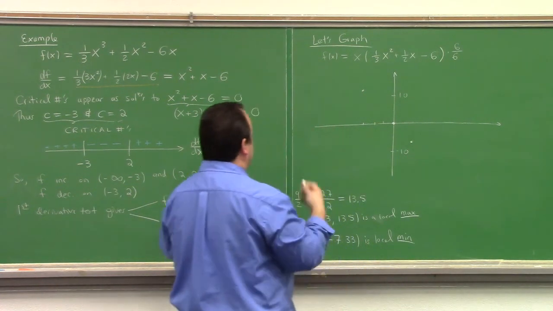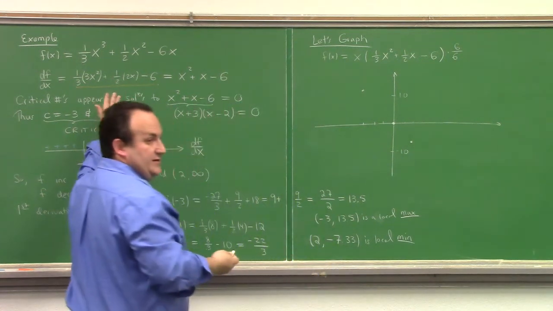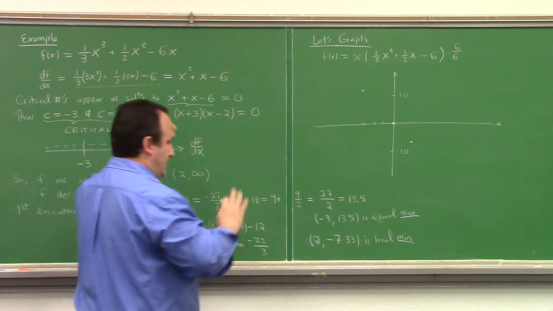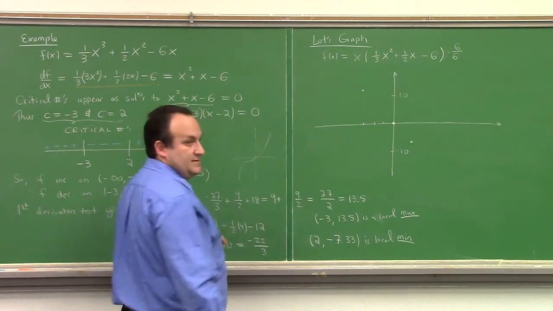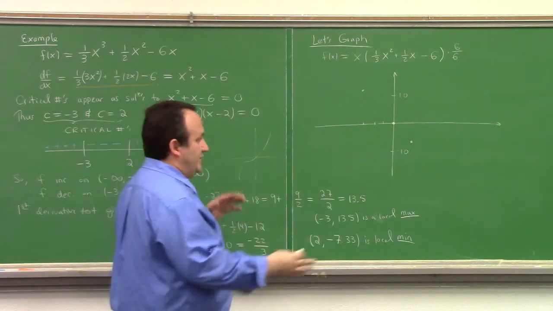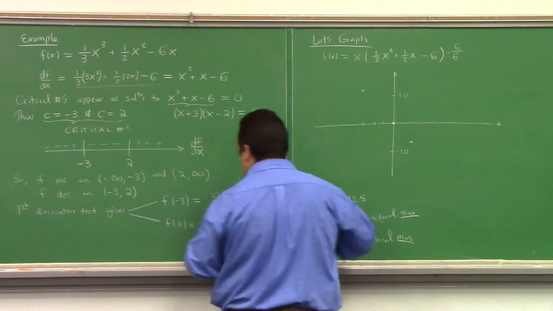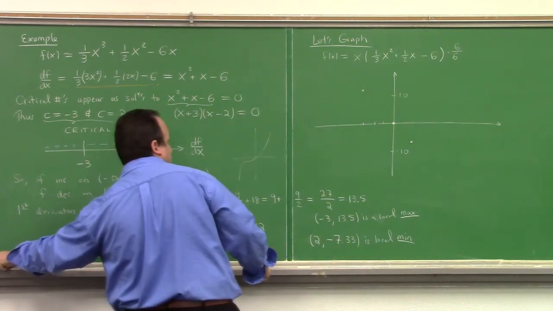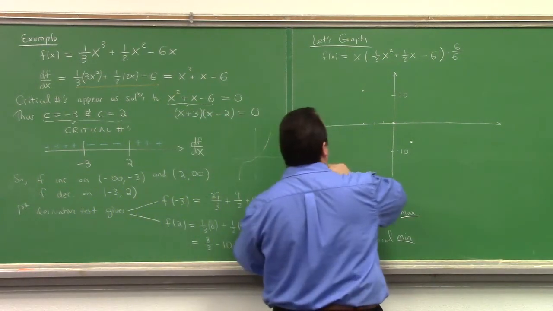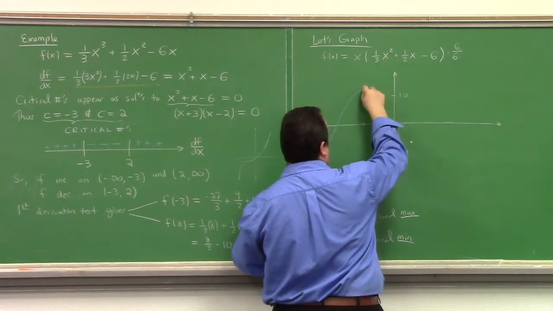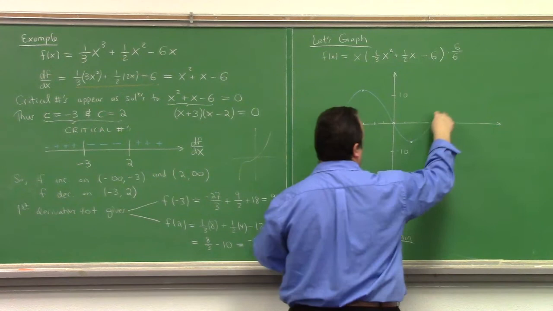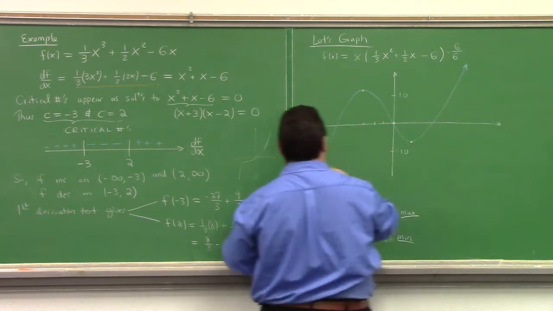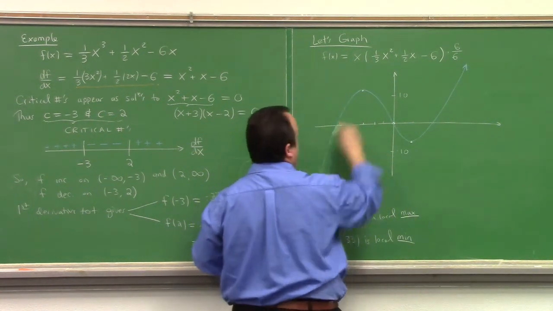This is also a cubic, so roughly speaking, big picture, it looks something like this. But we can see better now what it does. It is going to do something like this. But we don't have to be ambiguous.